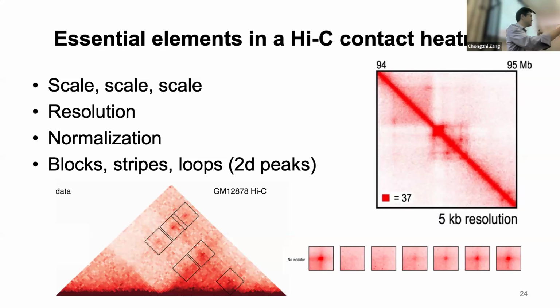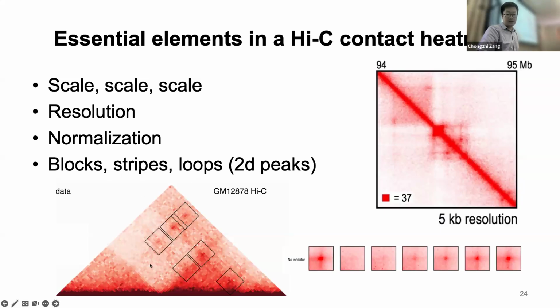Any region can have a higher chance to interact with any other region inside, but these regions have a lower chance to interact with regions outside. That is represented by this block: inside the block we have higher signal, and outside the block we have lower signal. That's how this block occurs.